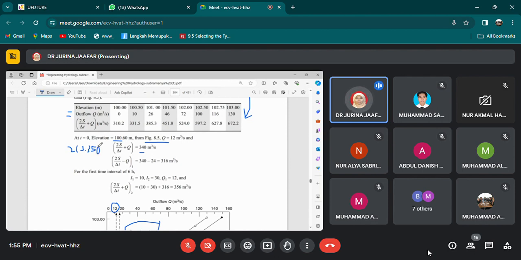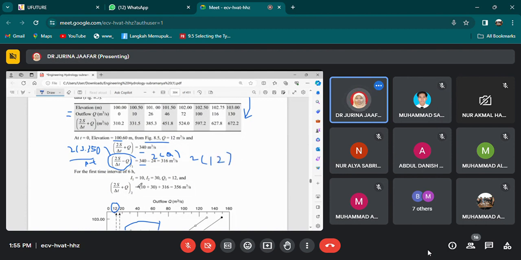So what will be the delta T? Delta T kita dapat 3.40, right? And then when kita nak calculate this whole thing adalah 340 tolak dengan 2 kali dengan Q, iaitu 2 kali dengan 12. Kita dapat 316.